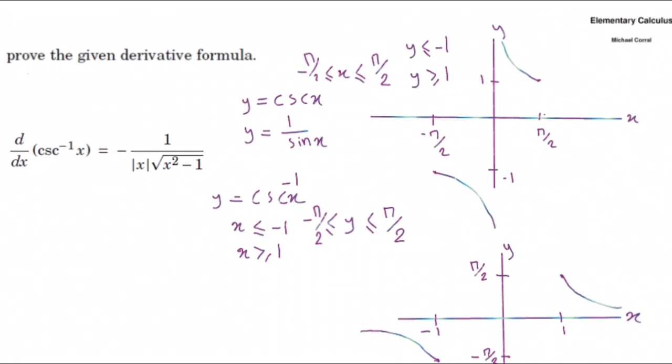And here we want to find the derivative of the inverse function of cosecant x. So y equals the inverse function of cosecant x.